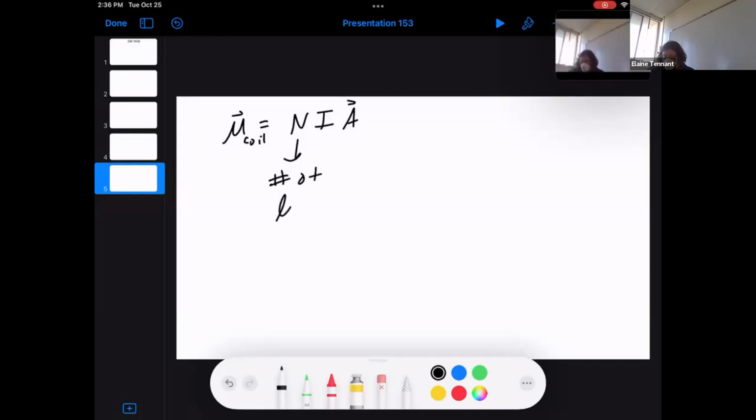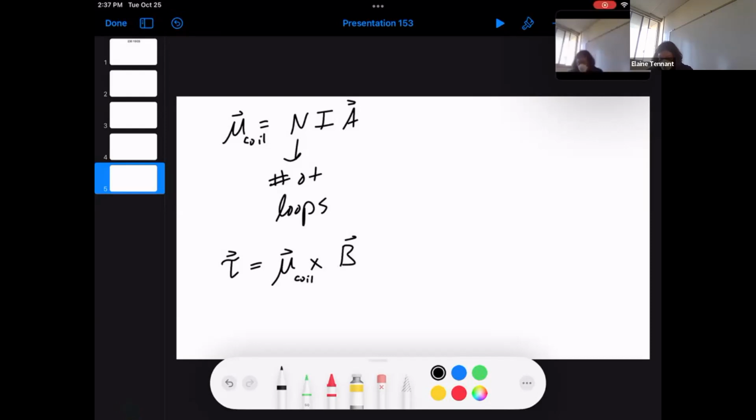Number of loops. Sound okay? And the torque then becomes the magnetic moment of the coil crossed with the magnetic field. Okay.